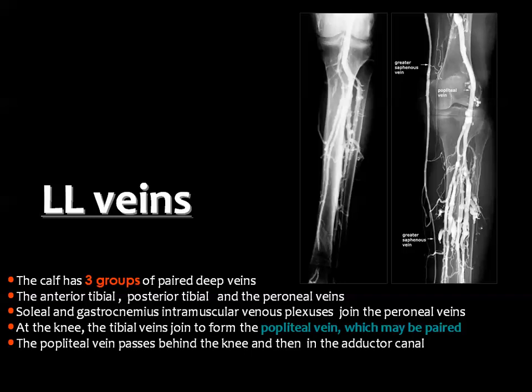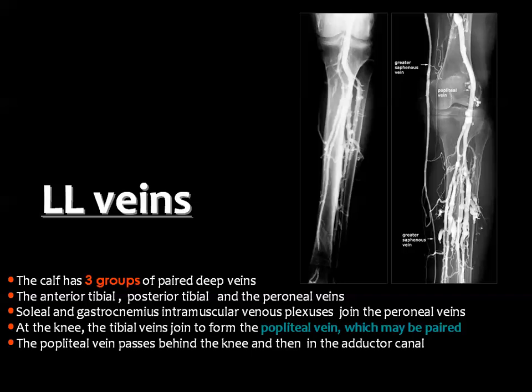We put a cannula in one of the veins on the dorsum of the foot, and we place a tourniquet above the ankle and another tourniquet below the knee to prevent the contrast material going to the superficial venous system. We want that the contrast material is only located in the deep venous system.